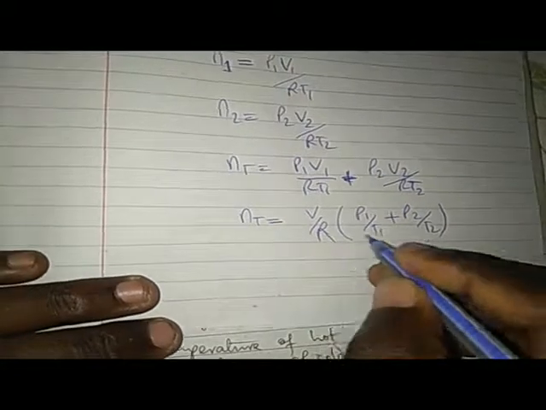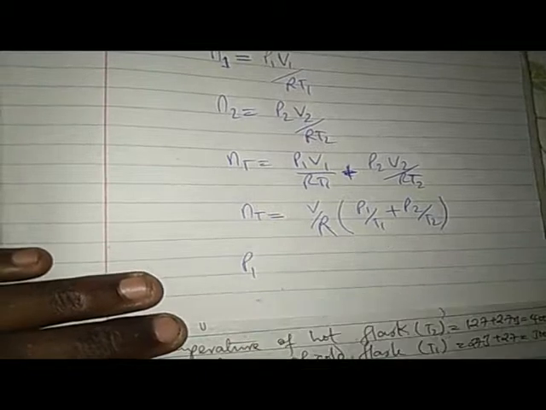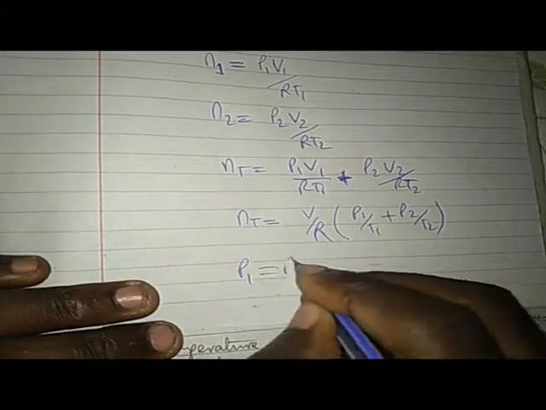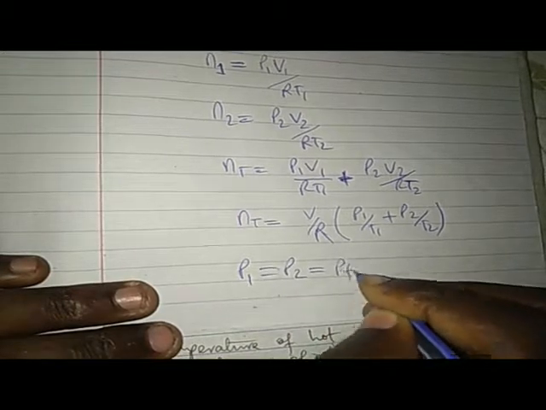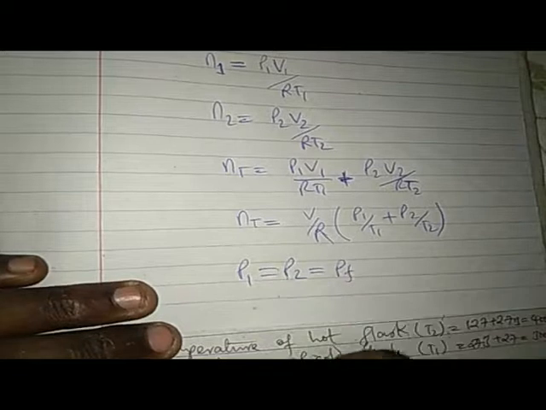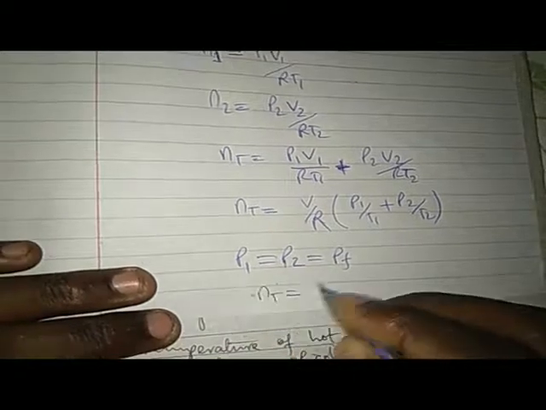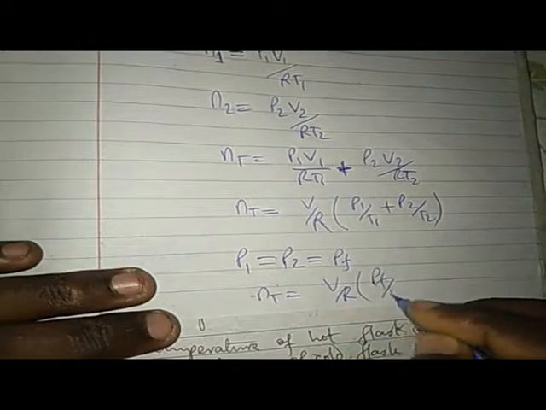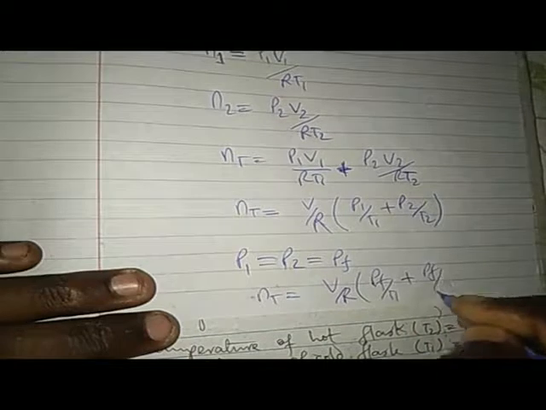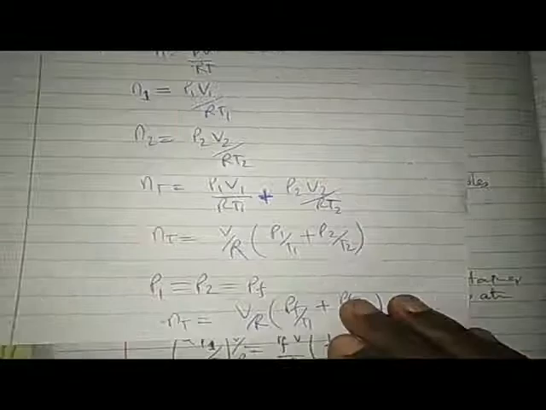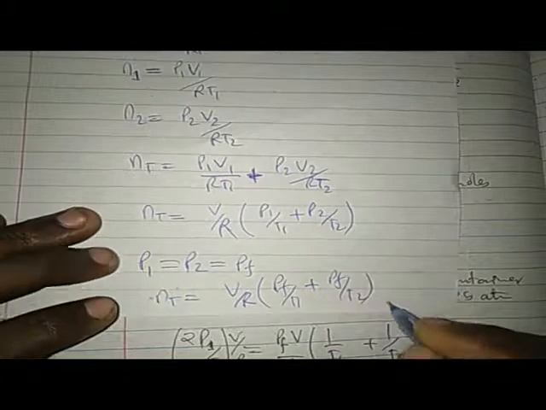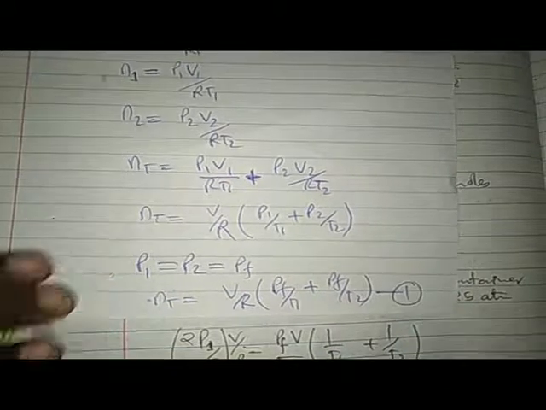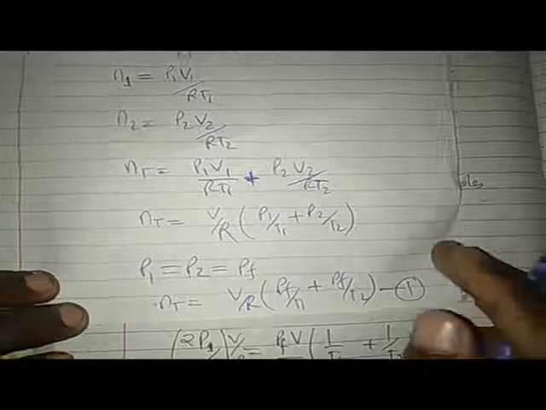However, here P1 means the final pressure of one of the flasks, and P2 is also the final pressure of one of the flasks. So the total number of moles will be V divided by R, then P final divided by T1 plus P final divided by T2. Now this is the total number of moles after heating.